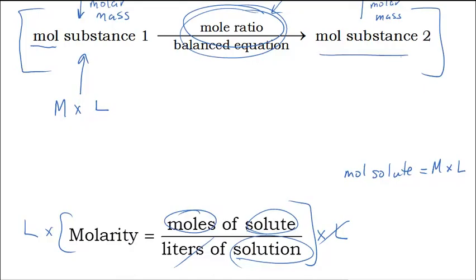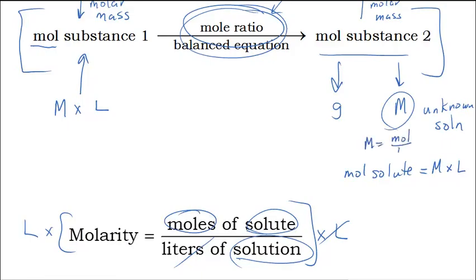At that point, the product might be a solid that precipitates out of solution, and we might want to convert to grams, which we could do. Or we might want to know the concentration of some unknown solution. If we want to get the molarity, the concentration of that unknown solution, we would need both moles and liters. We would have just solved for moles here, and the volume of the solution would have to be given somewhere in the problem. Sorry about that, this is a little messy. I wrote way too close to that other thing there.